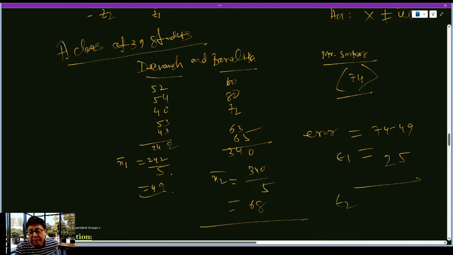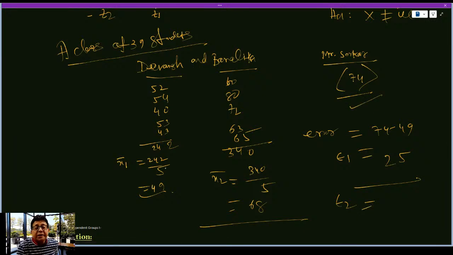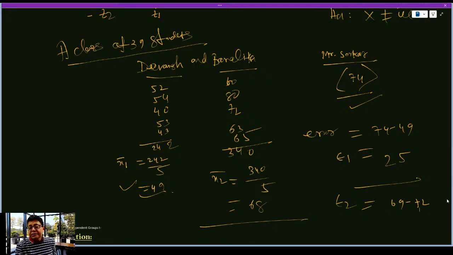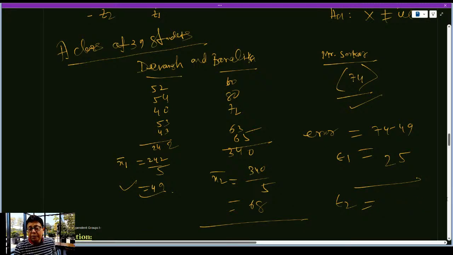Second error, between this and this, will be 74 minus 68. So this error is different.